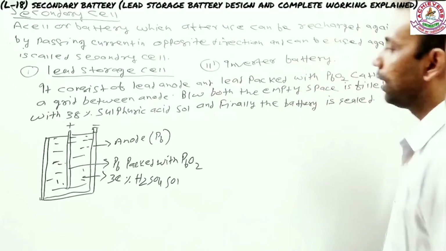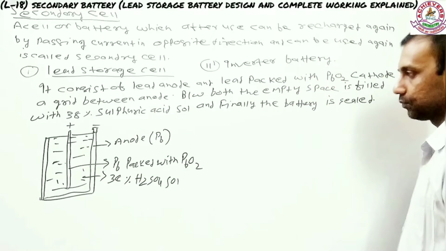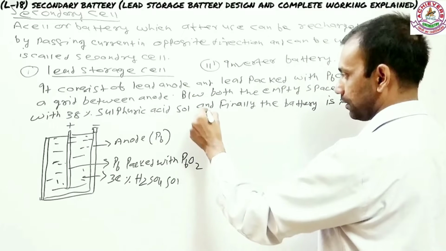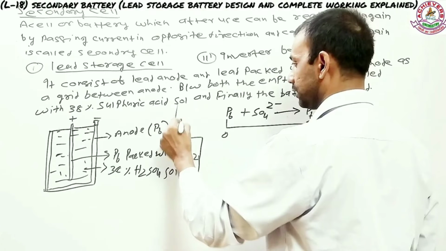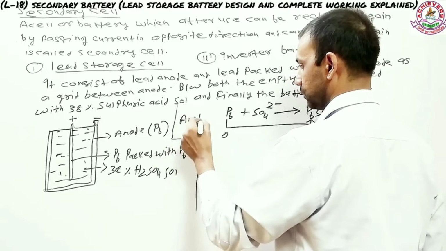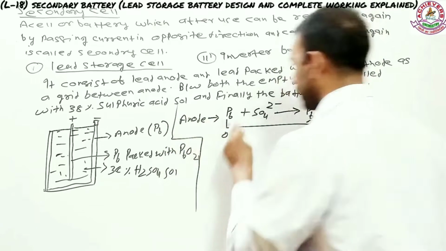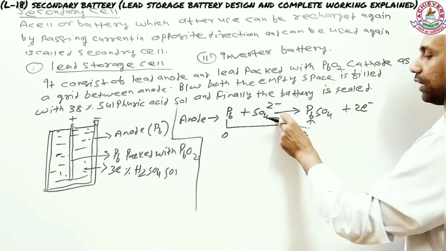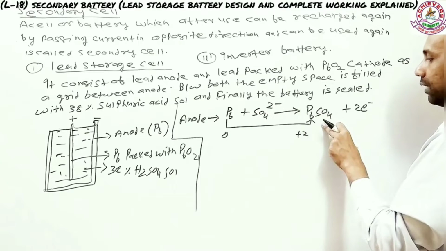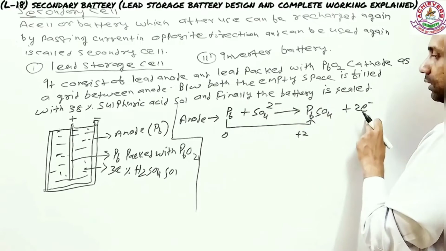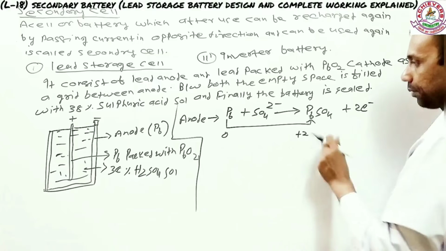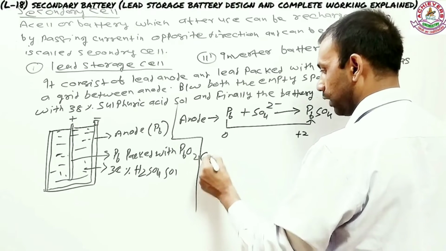Now the question is, how does the reaction take place? So I'm writing the equations here. This is your anode half reaction. What happens at the anode? Lead reacts with sulfate ion and converts into lead sulfate, and lead undergoes oxidation, therefore the oxidation number changes from 0 to +2. What happens at the cathode half?